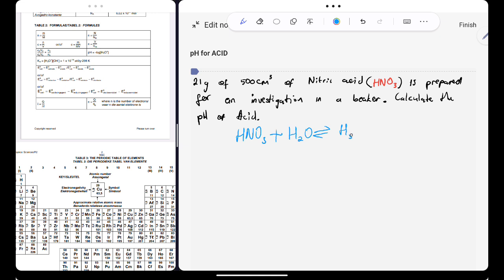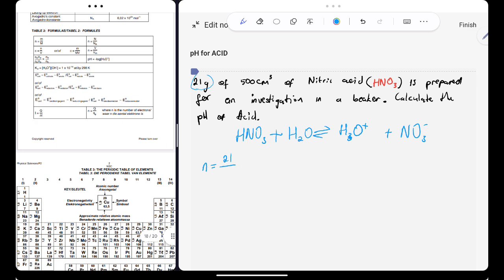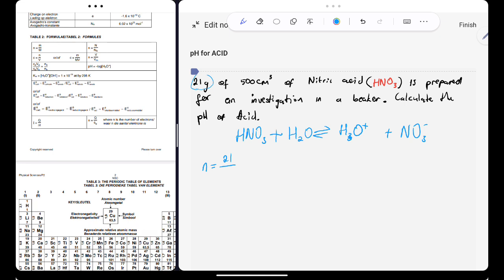So I'll have H3O+ and the nitrate ions. I'm given 21 grams of the acid, so I can calculate the number of moles of my acid. I will use the equation that says number of moles is equal to mass over molar mass.